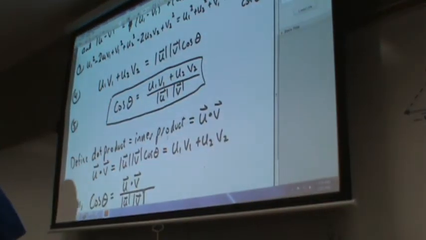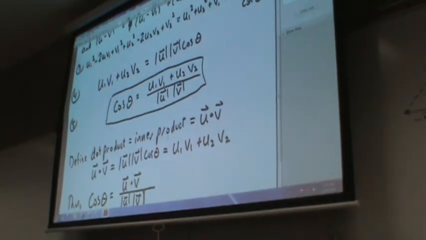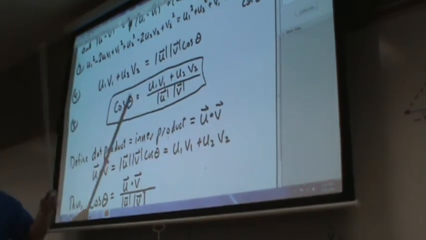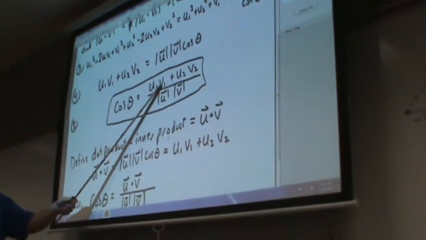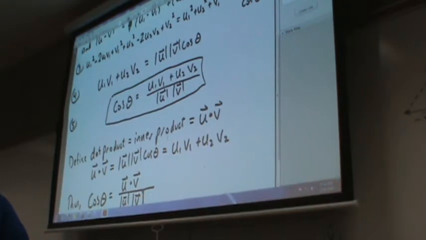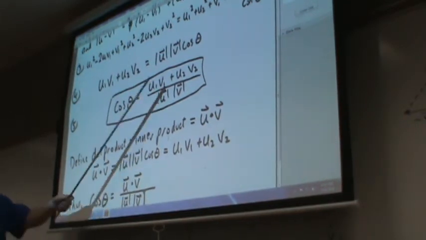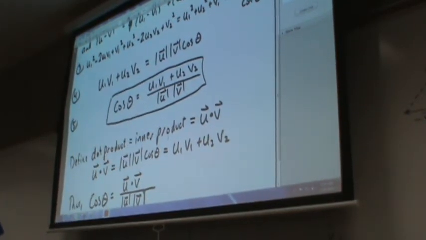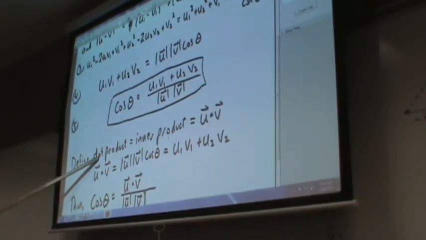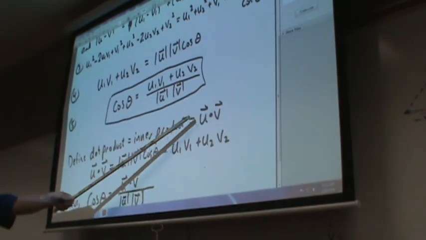And then here's the weird thing. Math people, this ends up being such an incredibly important quantity, u1 v1 plus u2 v2, that they decided to make an entirely new type of multiplication that will get you that. They call that multiplication the dot product, or the inner product.